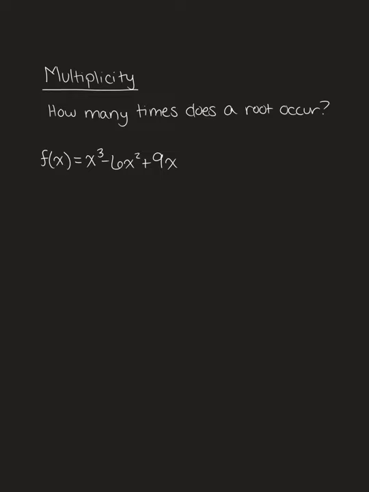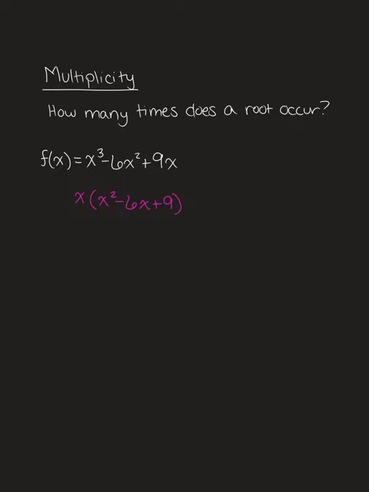Now let's talk about multiplicity. How many times does a root occur? If I were to solve this by factoring, okay, I would factor out an x, that's my greatest common factor, and I would get x squared minus 6x plus 9. Well, now I can factor this part of my polynomial.